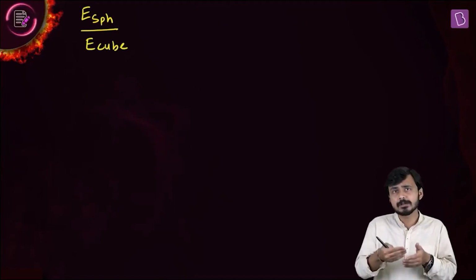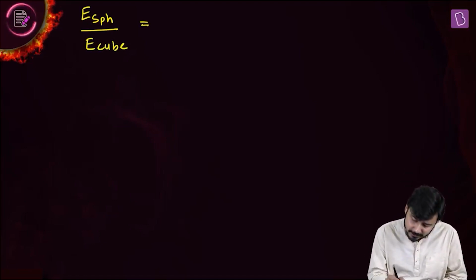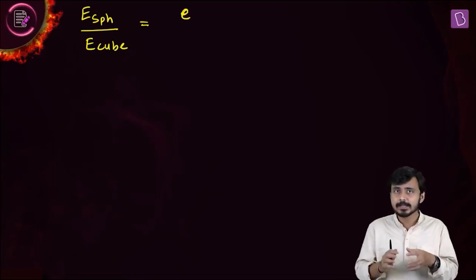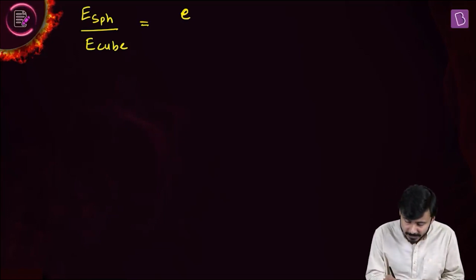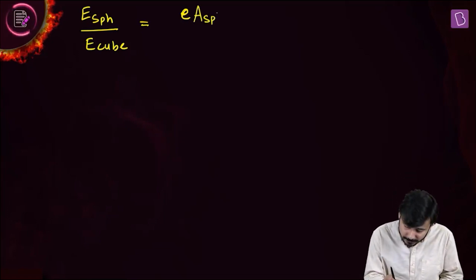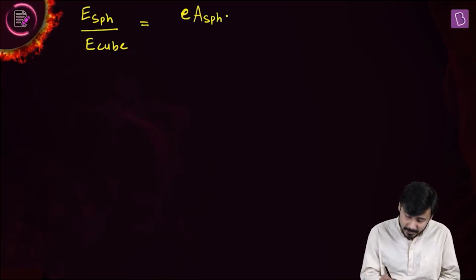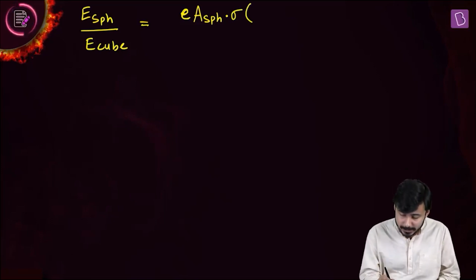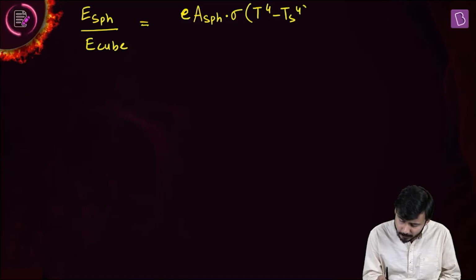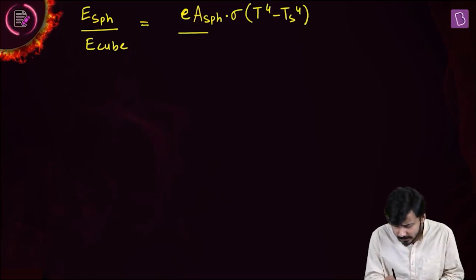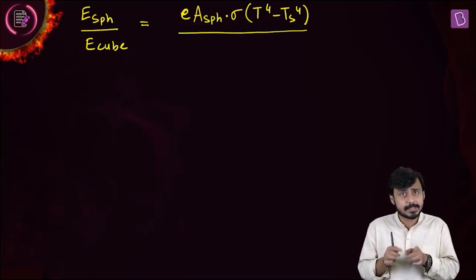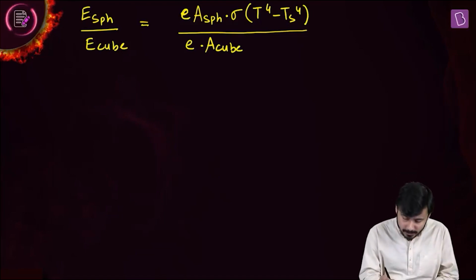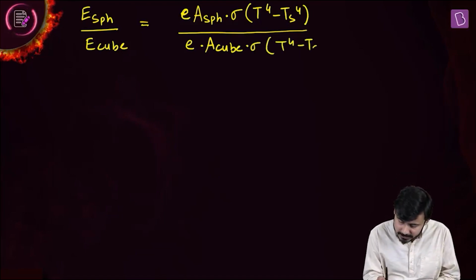Sphere was the first body, so E1 by E2 is E sphere by E cube. That will be given by the emissivity of the material. Emissivity is the property of the material. They have the same material, so the emissivity for both of them will be the same, multiplied by the surface area of the sphere, multiplied by Stefan's constant, multiplied by temperature of the body power 4 minus temperature of surrounding power 4, divided by emissivity of cube, again the same material, E, A of cube, the exposed surface area of the cube, into sigma into T power 4 minus Ts power 4.